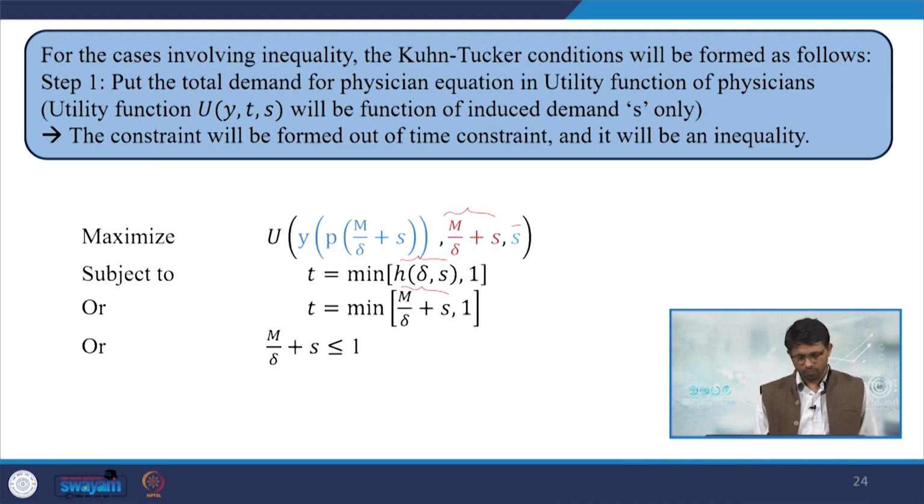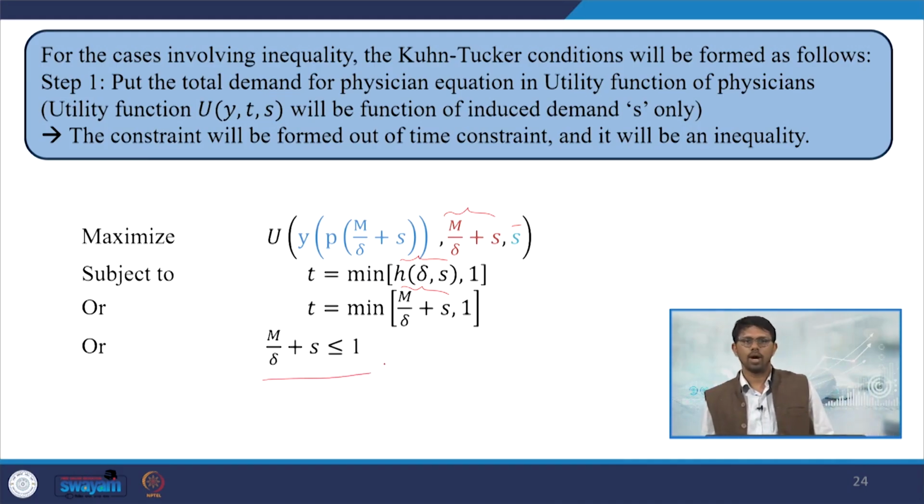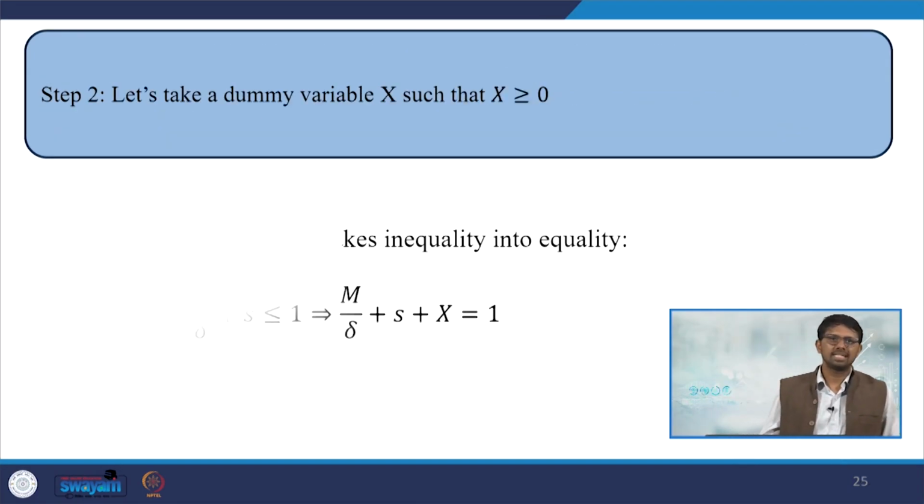So M upon delta plus S should be less than or equal to 1. This is the basic equation.